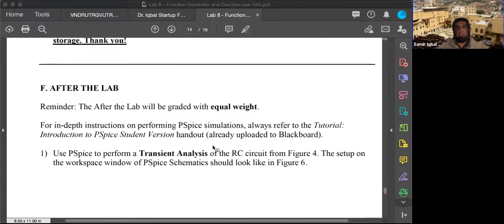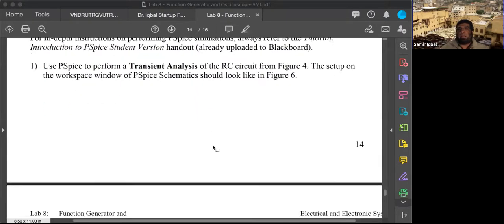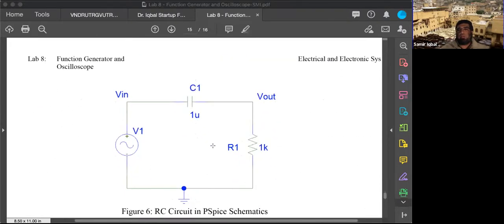After the lab, now you have to do PSpice, and you have to perform a transient analysis of the RC circuit. The same circuit that we got, you have to build it, and you have to do transient analysis. It should look like this figure when you build it.